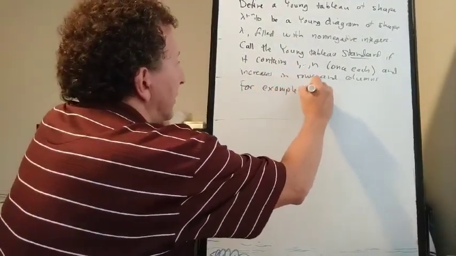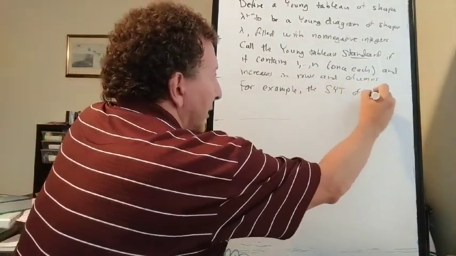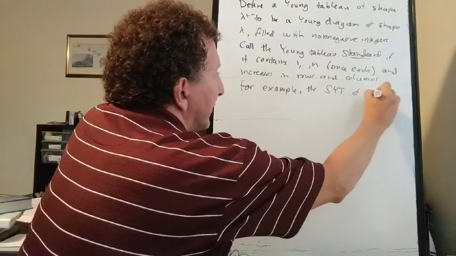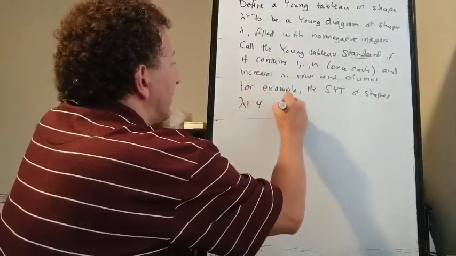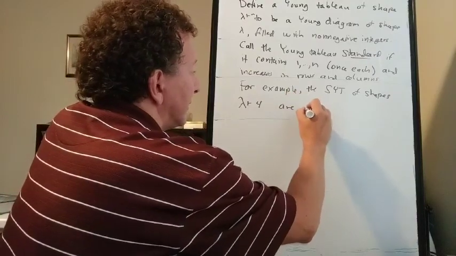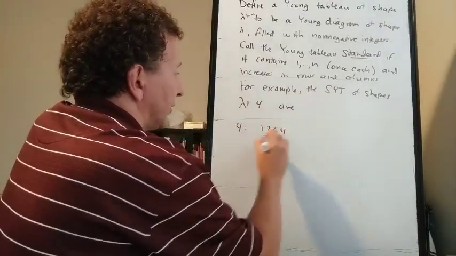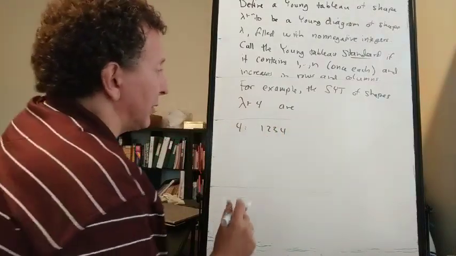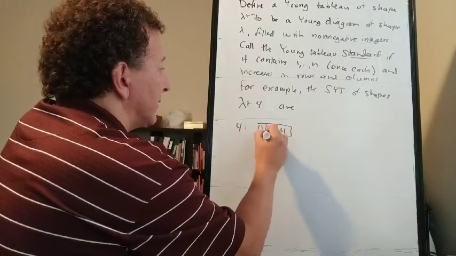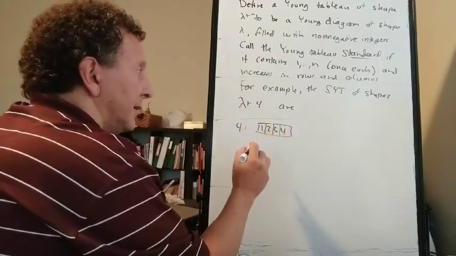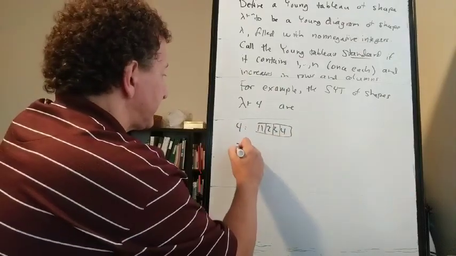For example, the standard Young tableau of shapes lambda partition of 4 are, for 4 we have 1, 2, 3, 4. So that's the only way to put numbers in the tableau of shape 4. I guess we could draw the boxes here so that the numbers increase along the row and increase in columns.